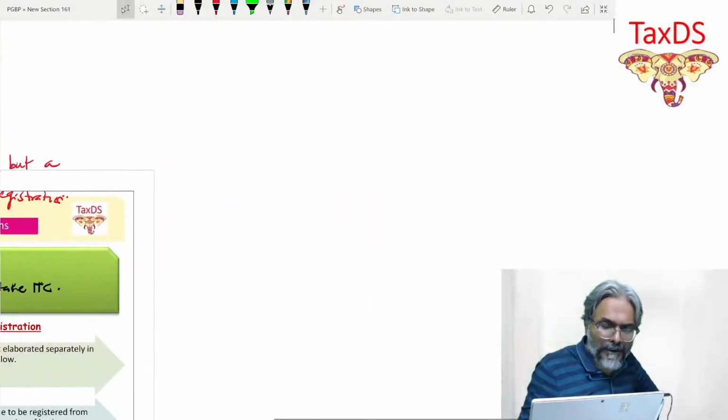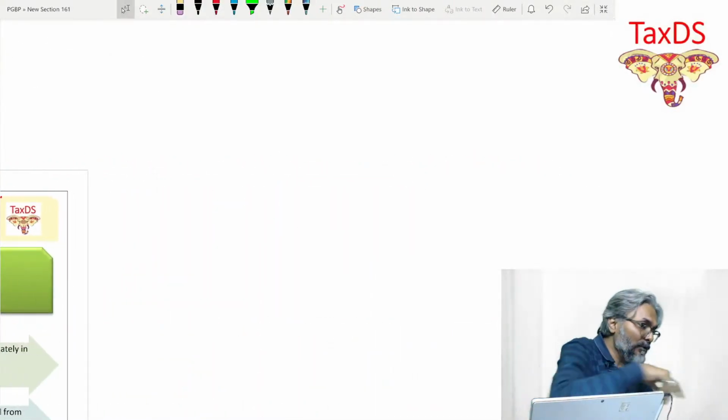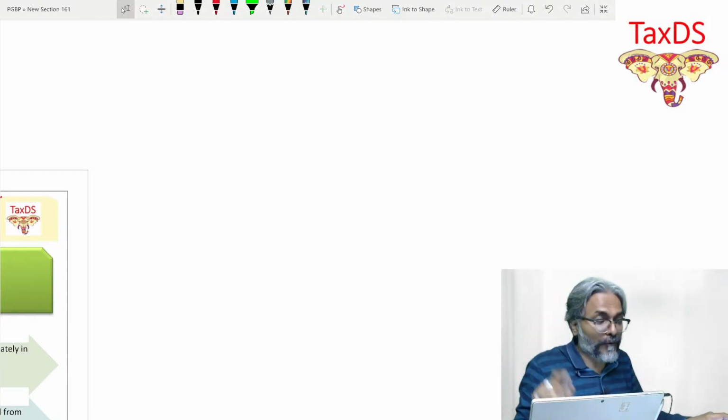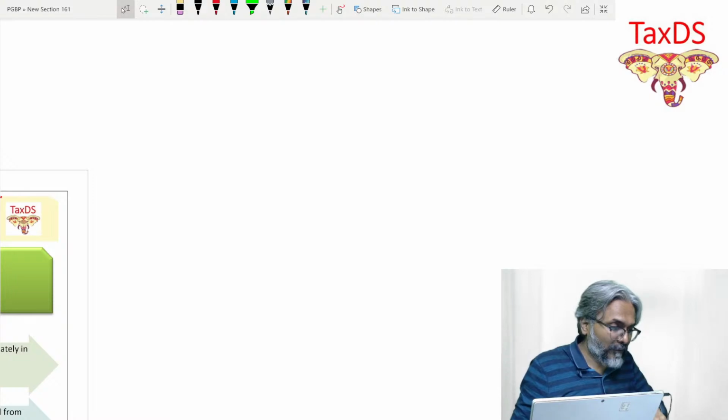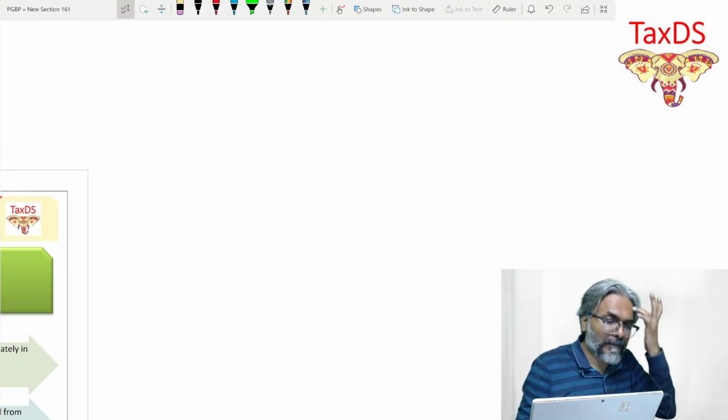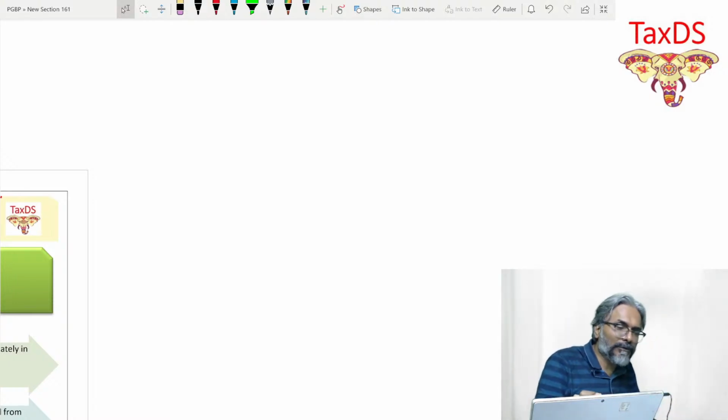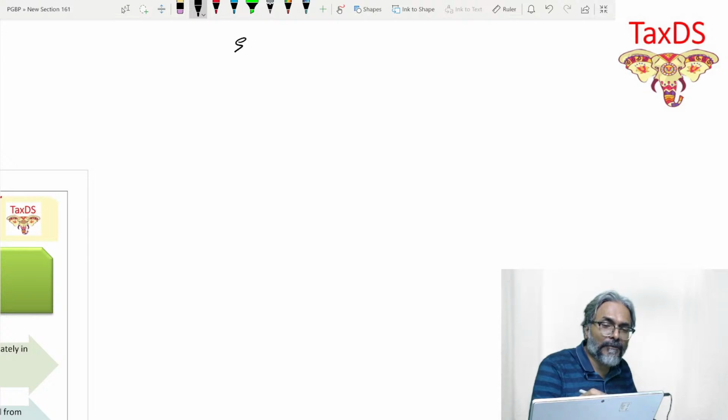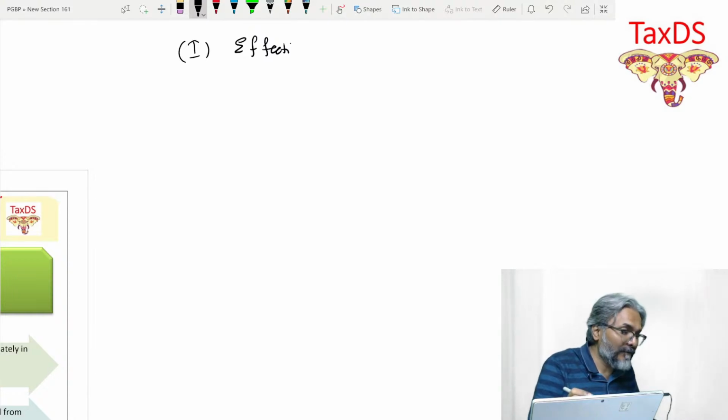Now, one important diagram, students, I'm just going to make at the very outset for all of you, which you need to take a note of. First and foremost, let's try to understand what is the effective date of registration, from which date you will be considered a registered person.